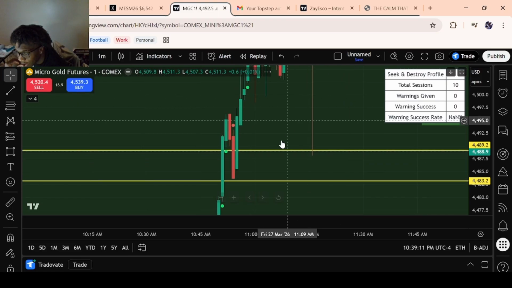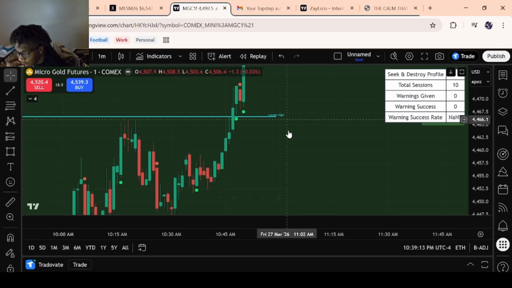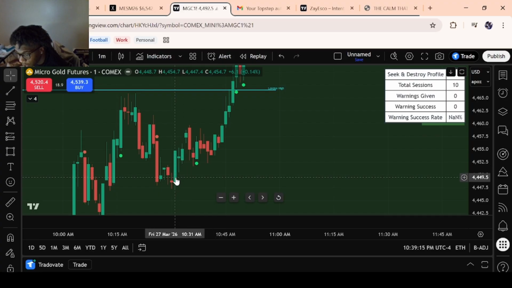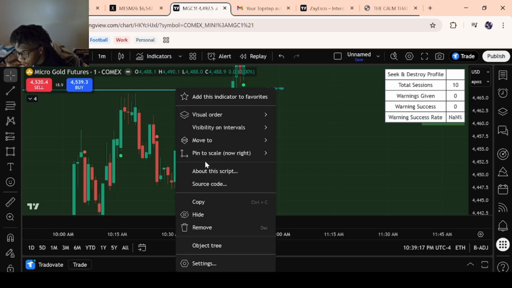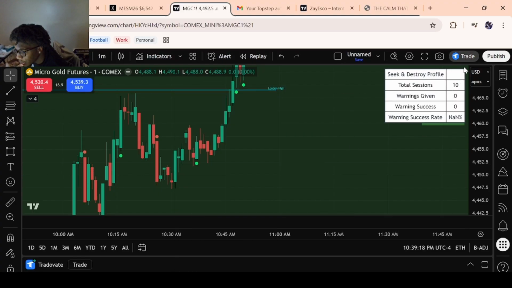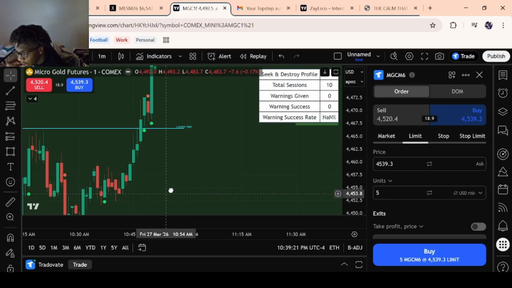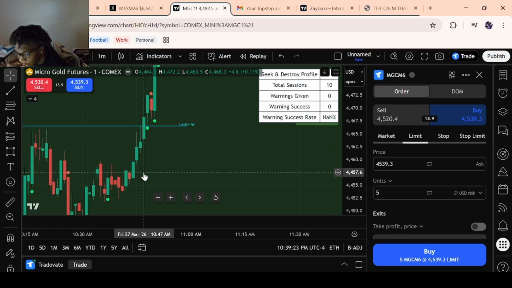This is right here. Let's say we got in where we were supposed to get in, right here. If we got in right here, that's a trade.